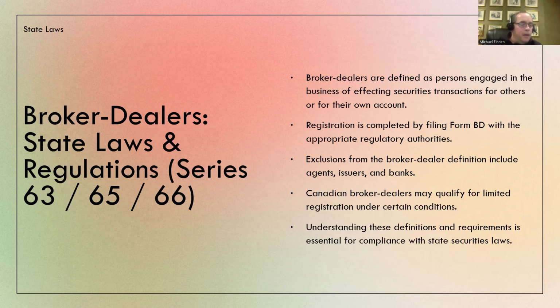But on this test, you have to compartmentalize that. The broker dealer, the agent, the IA, IAR are very separate entities that they're going to test you on individually and try to suck you into calling one the other, which we don't want to do.